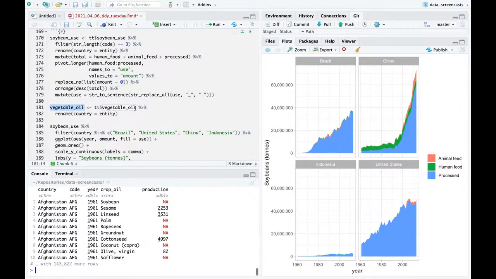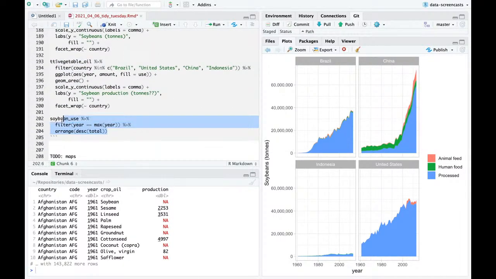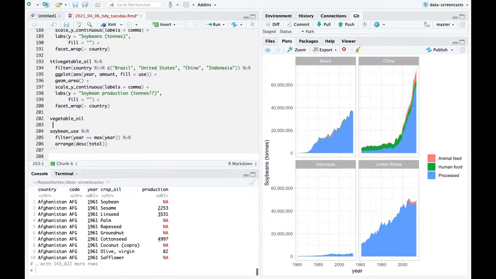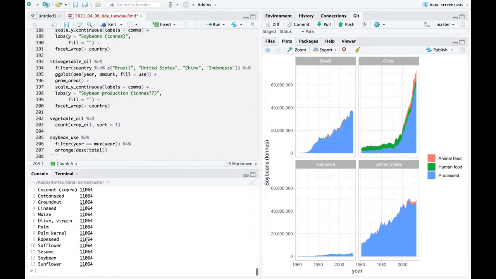And I just want to create one graph. I want to look at some big countries just like we did here. And I'm wondering in here, if I take vegetable oil, count by crop oil, 13, that's a lot.